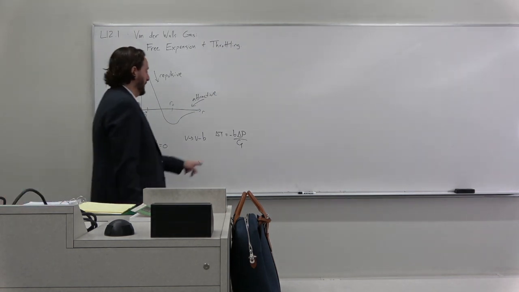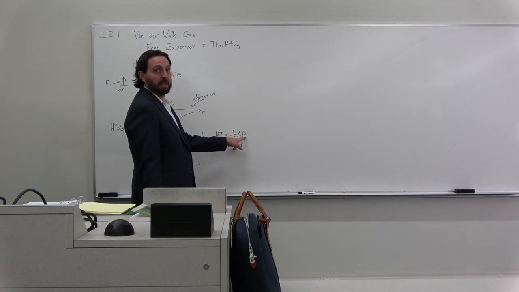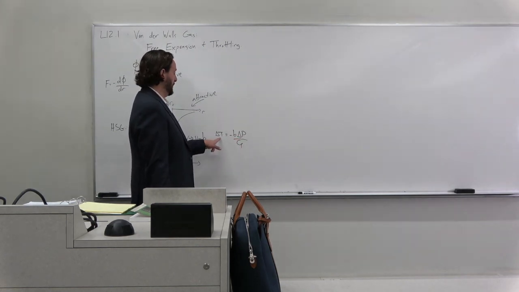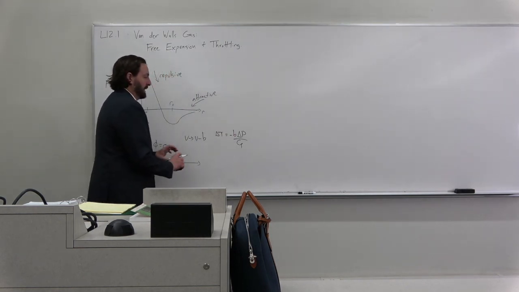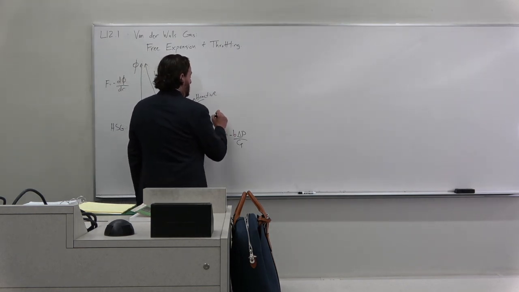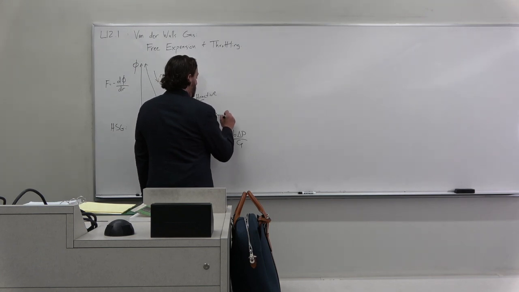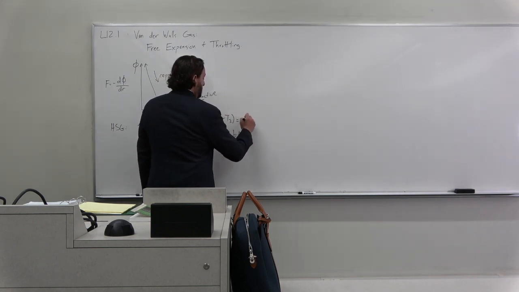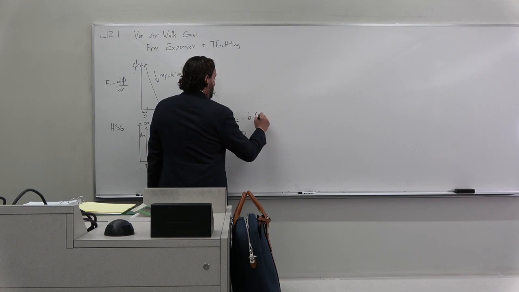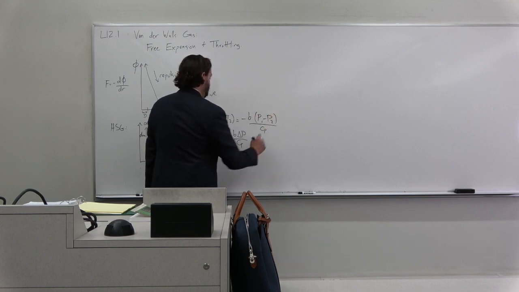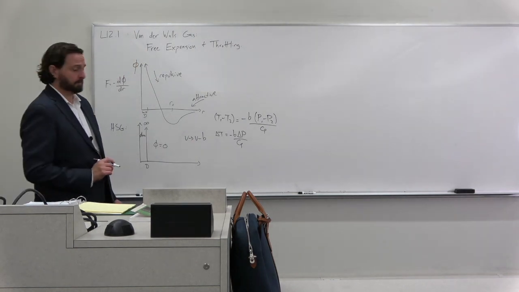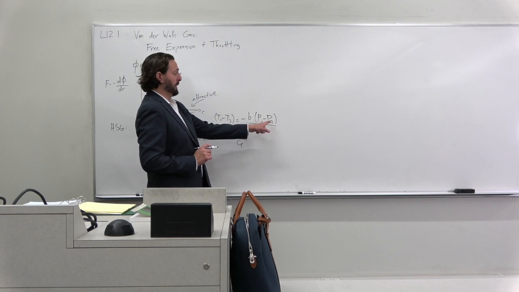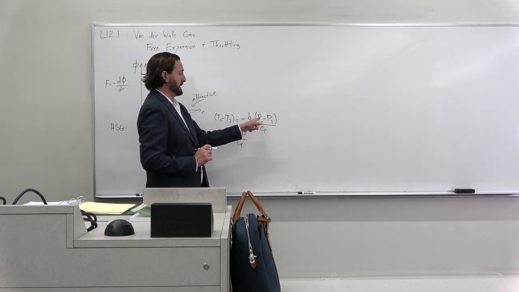That was, when we had an expansion process, I think we wrote it like this: T1 minus T2 is equal to minus b (P1 minus P2) over CP. When the pressure goes from high to low, this is positive.